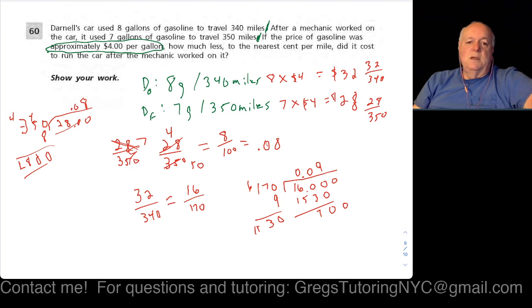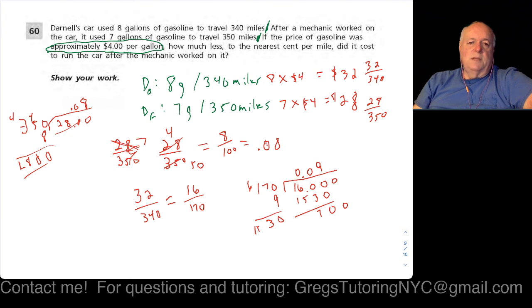So 170 goes into there. Looks like it might be 4 times. That's going to give us 680. Would 6 work? No, it's 4, I believe.